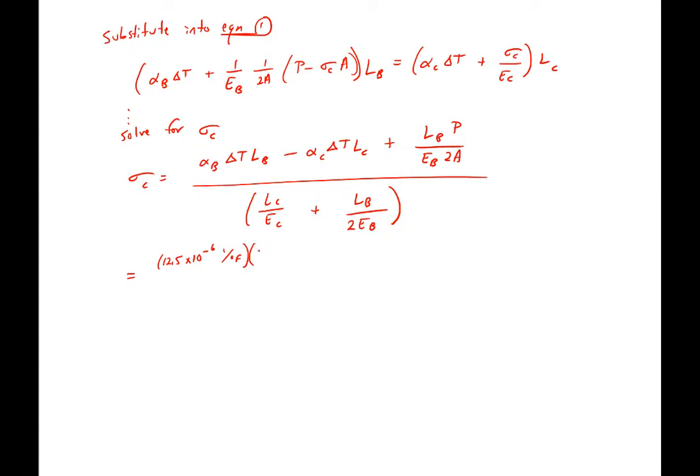Our delta T is going to be 250 minus 72 degrees Fahrenheit. Our original length here is 3 feet. And we have alpha C, the other thermal expansion coefficient, 9.6 times 10 to the minus 6th, 1 over degrees Fahrenheit, 250 minus 72 degrees Fahrenheit, times an original length of 6 feet.